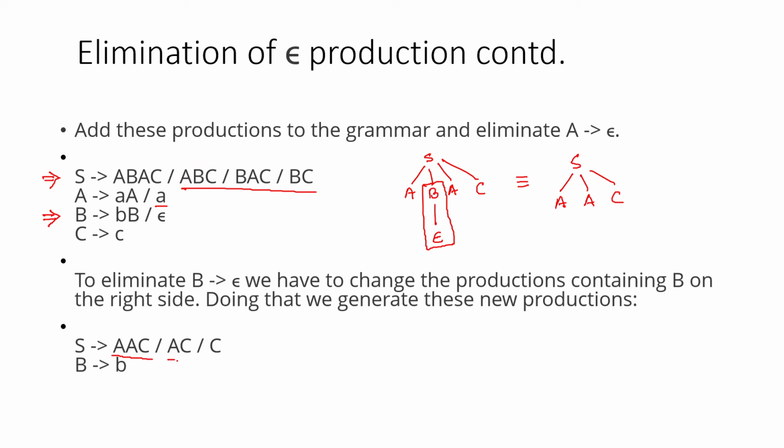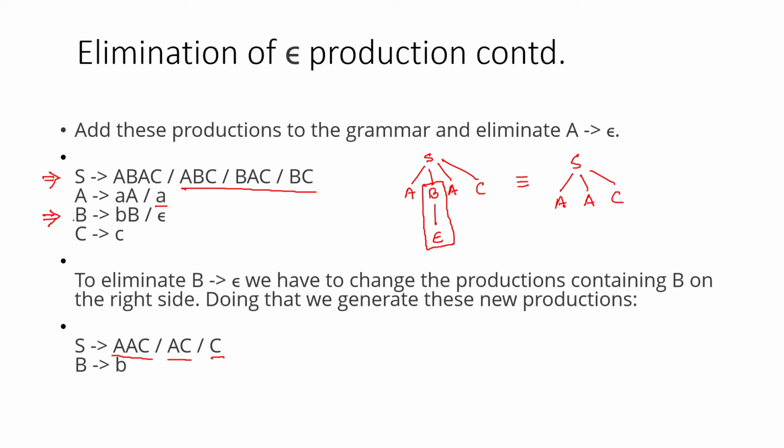That's why AC is present. Similar for BAC, if you turn off the B part, again AC is there. Now AC is already adjusted, so you don't need to write the same production rule again and again. And what about BC? In case of BC, if B is turned off, then only C will be left. That's why C is added. So this is all about the production rule for S.